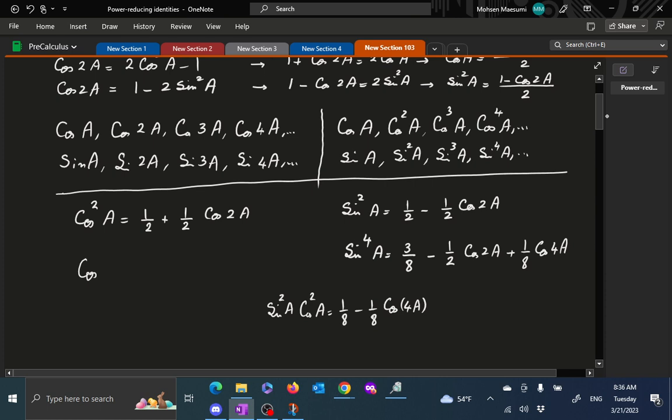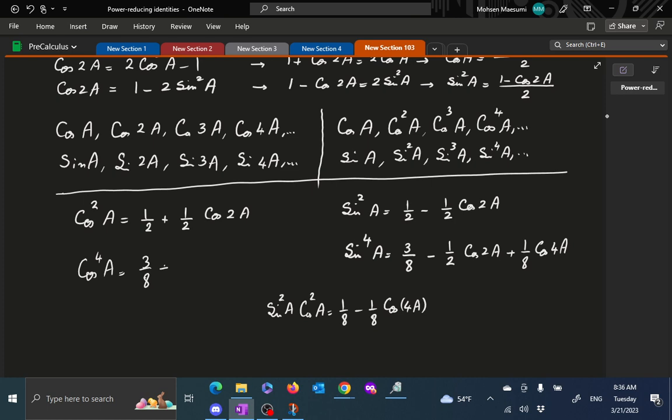Cosine power 4 of a, so it became 3/8 plus 1/2 cosine of 2a plus 1/8 cosine of 4a. Okay, so I'm sometimes using the notation in your software.